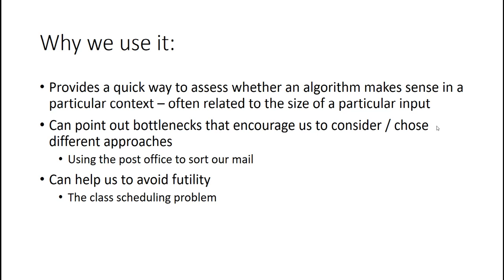Classic example is the problem of class scheduling. You might say, wouldn't it be nice if we simply let students pick their courses, and then we pick times where they didn't interfere with each other so that nobody would have a problem with a time conflict? Well, it sounds nice.